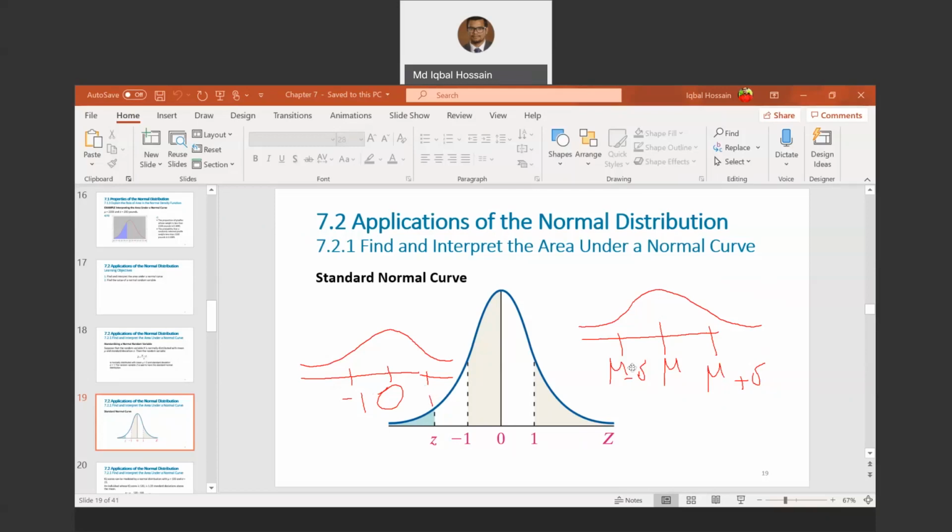And here is the difference: for the standard normal distribution we have z on this line instead of x, but for the normal distribution, that line represents x. This is the difference between normal distribution and standard normal distribution. Okay, let's move on now.